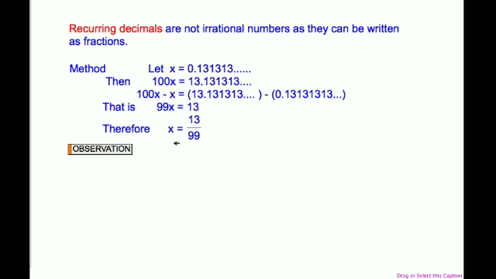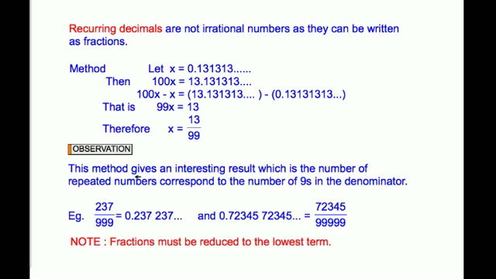Now, if we continue to do this for several numbers, we can observe a pattern. This method gives us an interesting result, which is the number of repeated numbers correspond to the number of 9s in the denominator, such as 237 over 999 would mean 0.237237 being repeated.